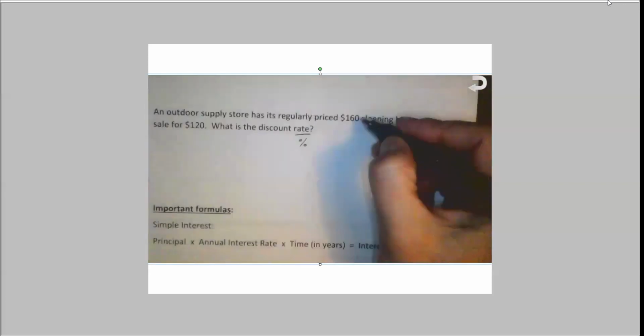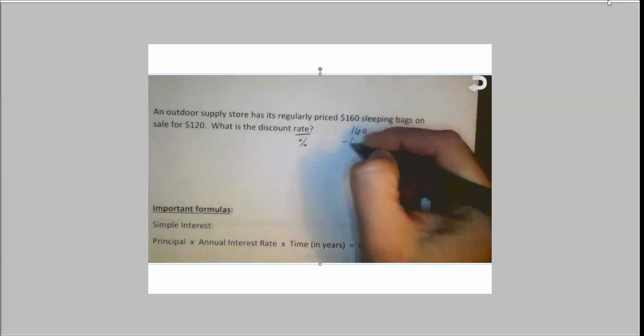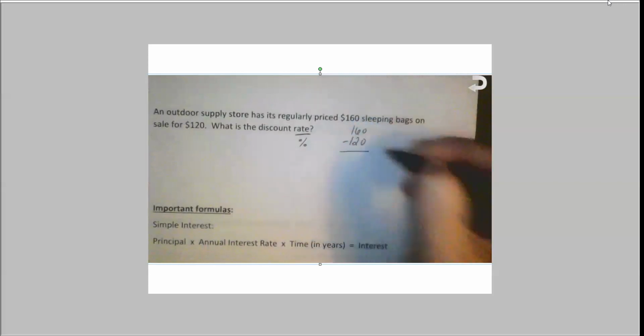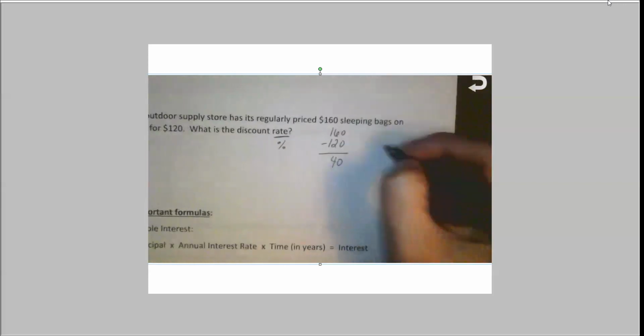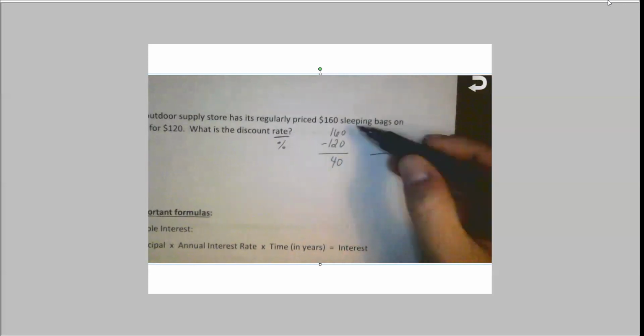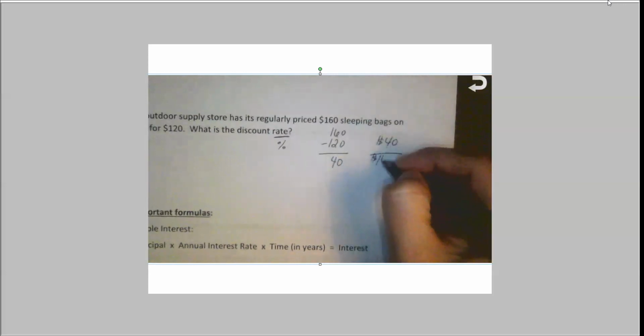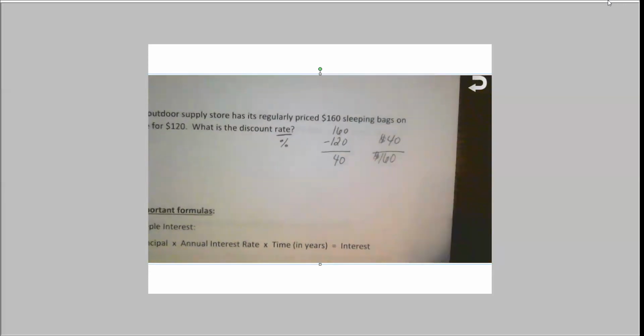So it was originally $160, and now it's on sale for $120. That means the change in price is $40. And I'm going to put that over the original amount of 160. I'm going to divide those. That gives me a decimal of 0.25.